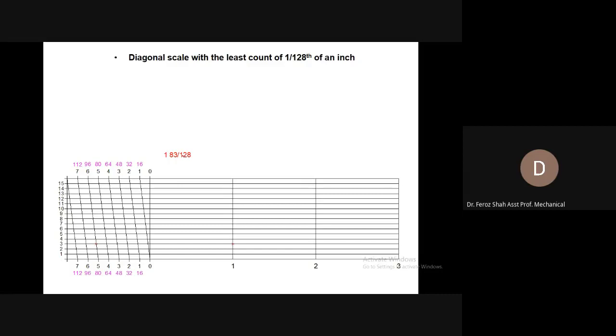One whole 83 by 128: from here to here it was 83 by 128. Now add a whole inch with this. So from here to here, it is a total of one whole 83 by 128.